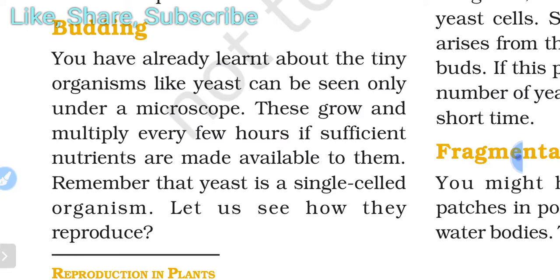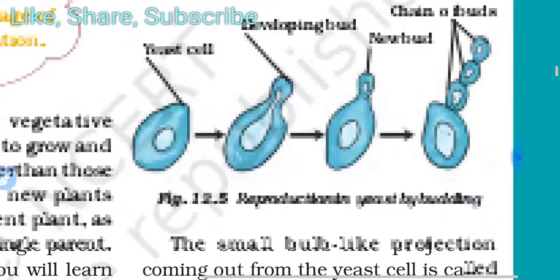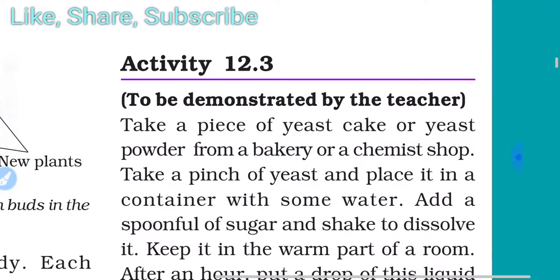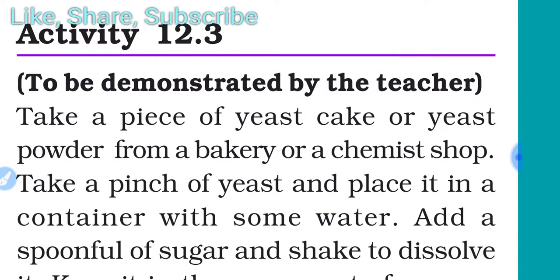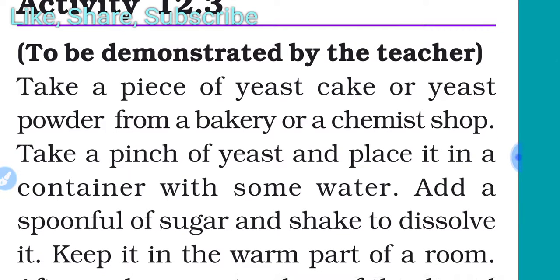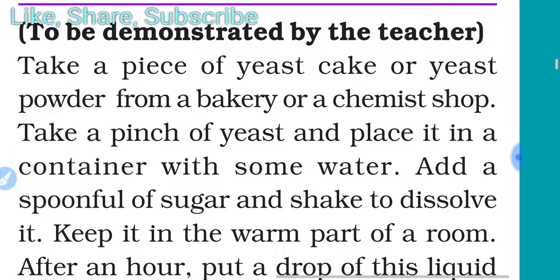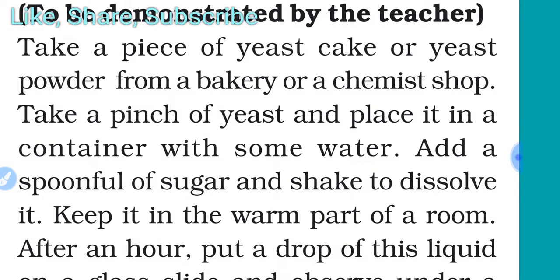So let us see how they reproduce. For this, you have to do an activity. Take a piece of yeast cake or yeast powder from a bakery or a chemist shop. Take a pinch of yeast and place it in a container with some water. Add a spoonful of sugar and shake to dissolve it.